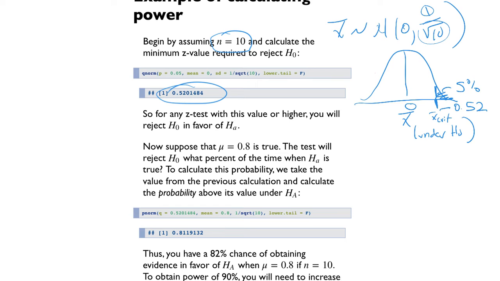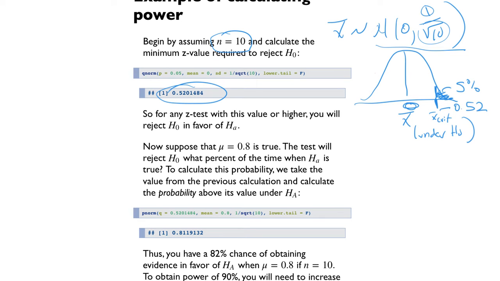And again, that's under the distribution being normal for the sample average. In this case, we'll just assume the original variable is normally distributed and that the null value is 0. So under that distribution for the average, if we got greater than 0.52, we would reject the null hypothesis. That gives us our critical value.